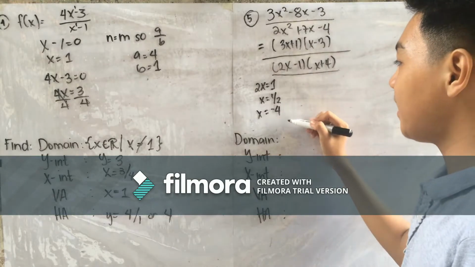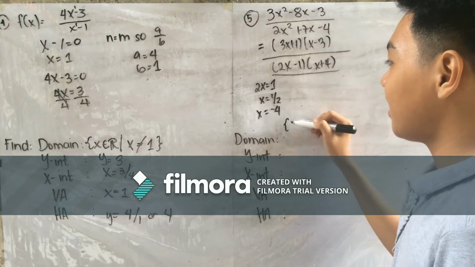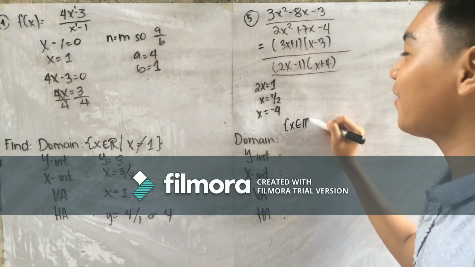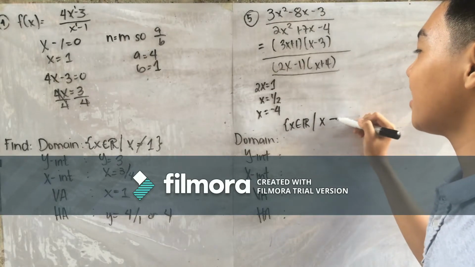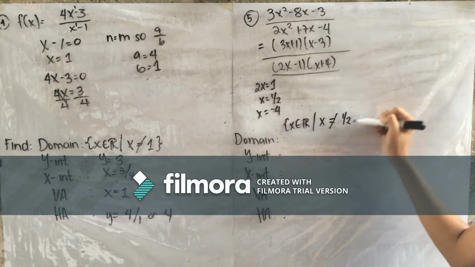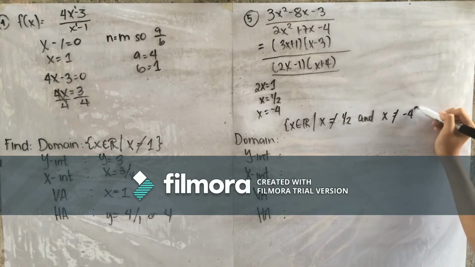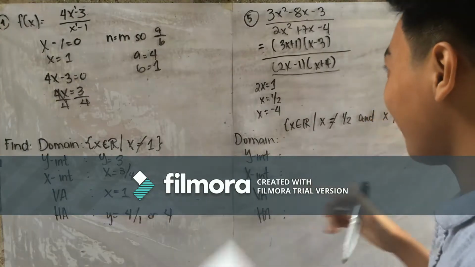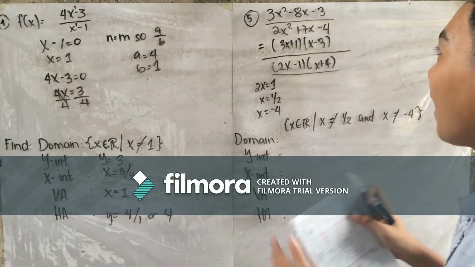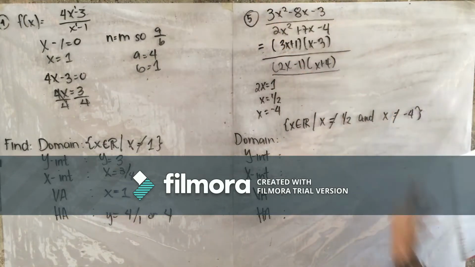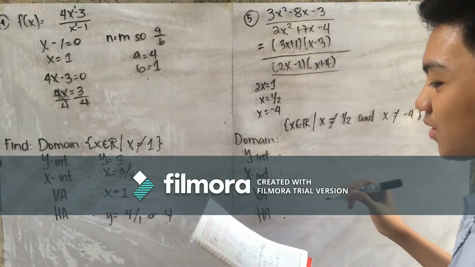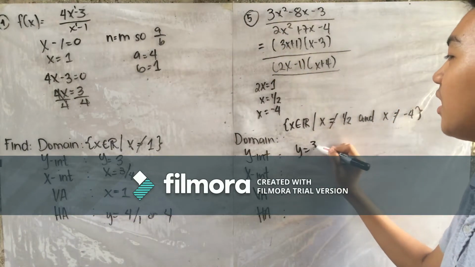So the domain is x is an element of all real numbers such that x is not equal to 1 half and x is not equal to negative 4. For the y-intercept, using the cover-up method, negative 3 divided by negative 4, y is equal to 3 over 4.